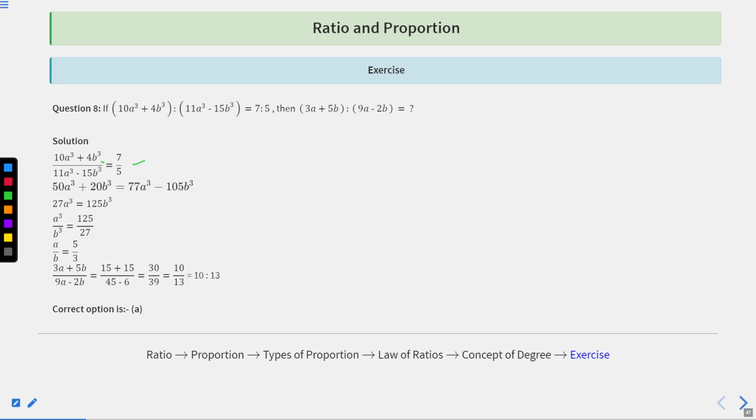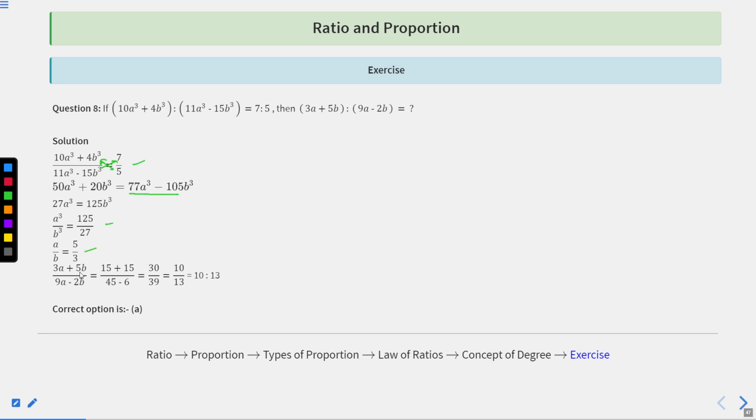So if I do the cross multiplication here, I'll get 50a cube plus 20b cube equal to 77a cube minus 105b cube. So it is 77a cube equal to 125b cube, and it will be equal to a cube upon b cube equal to 125 upon 27, which gives a upon b equal to 5 upon 3.